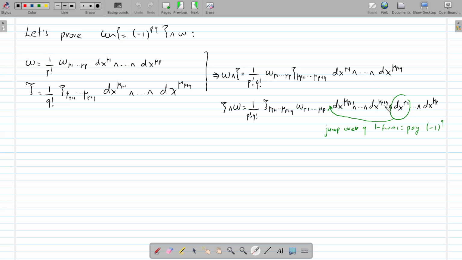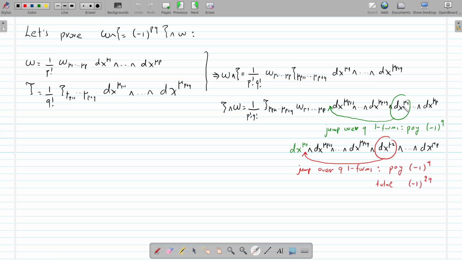But in order to do that, we have to jump over q 1-forms. So each time we do that, we change the sign. So after we have finished, we have changed the sign of the expression by (-1)^q. Okay, we have q 1-forms, so the sign changes by (-1)^q.